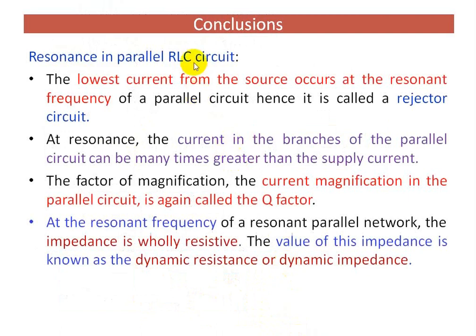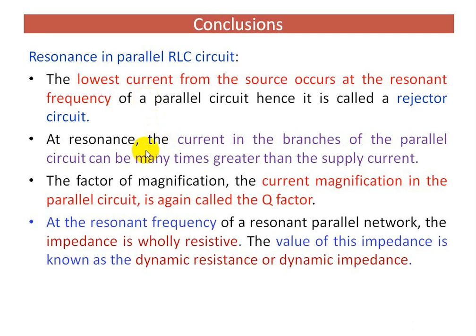Conclusions. Resonance in parallel RLC circuit. The lowest current from the source occurs only at resonant frequency. Hence this circuit is called a rejector circuit. So this circuit allows lowest current at resonant frequency.